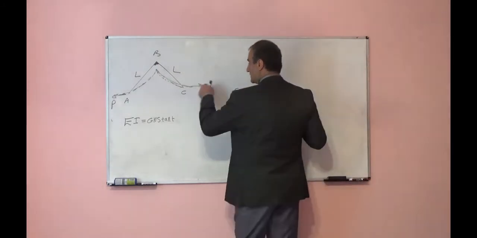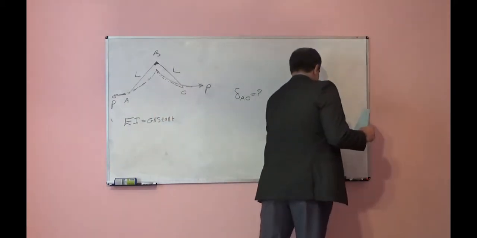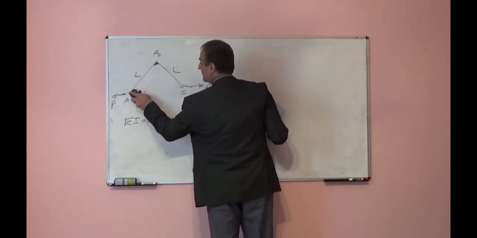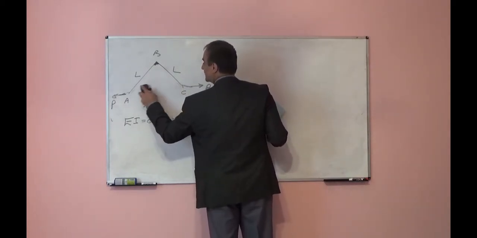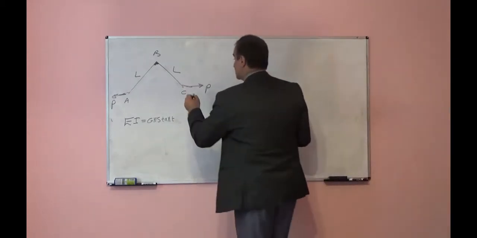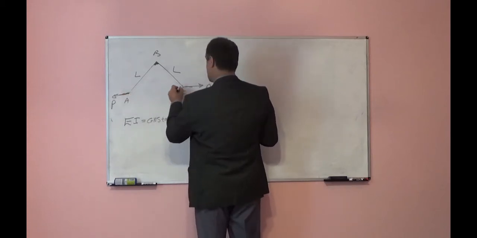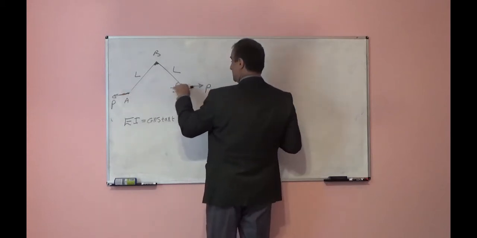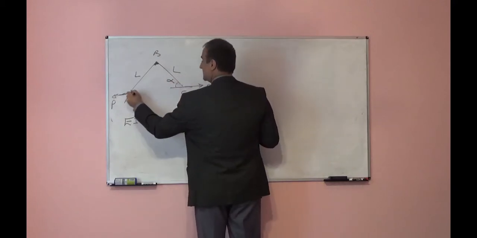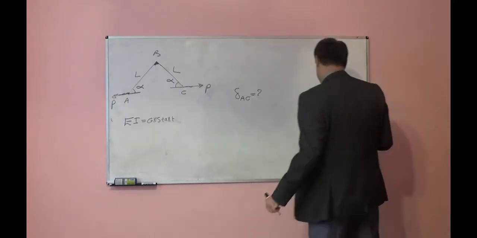We apply one load here, P, another load here, and we want to measure how much the distance between point A and C will increase. The angle between P and BC is alpha. This angle is alpha as well.